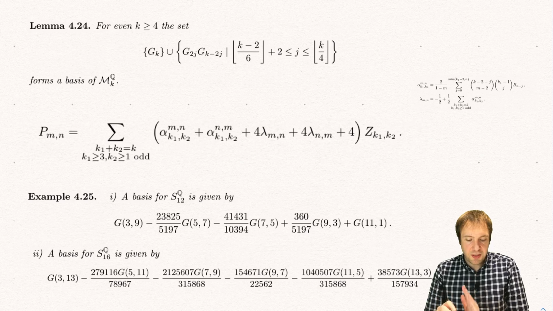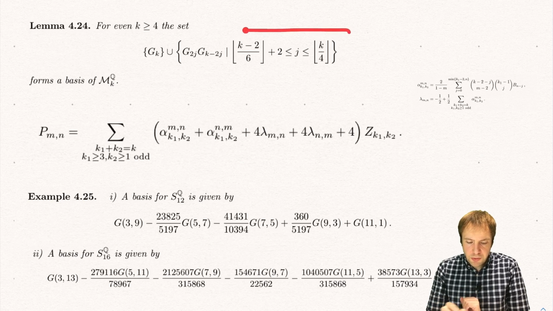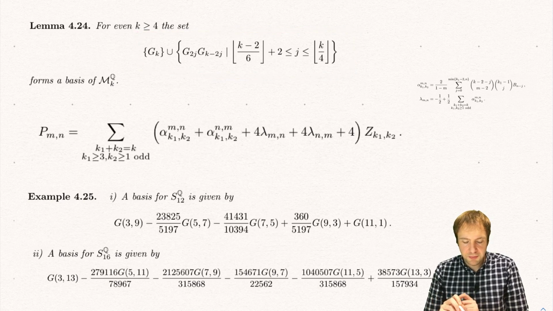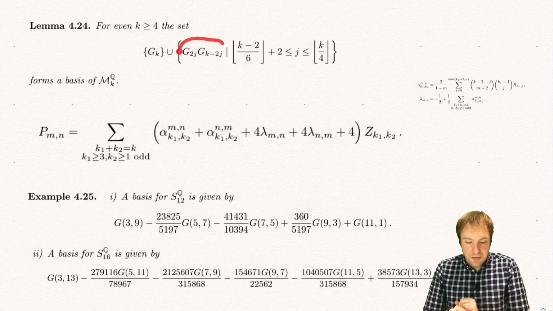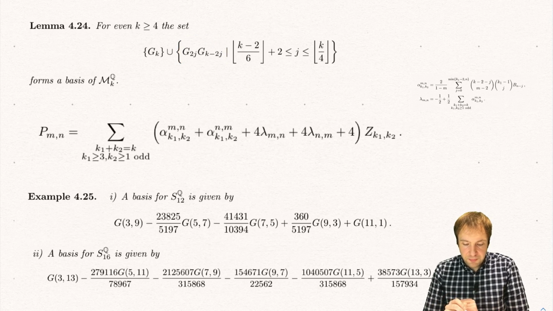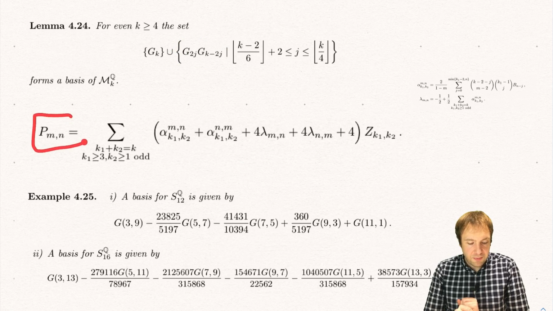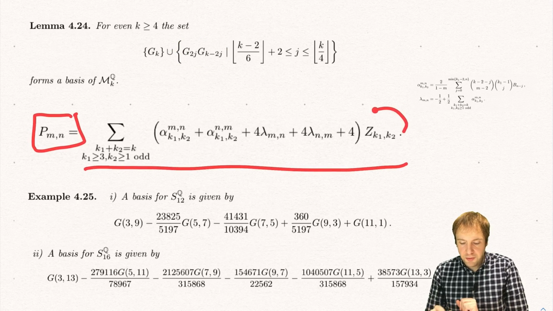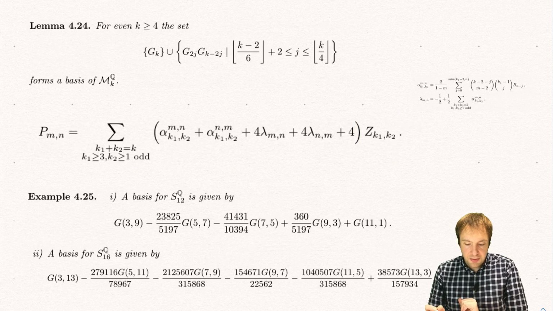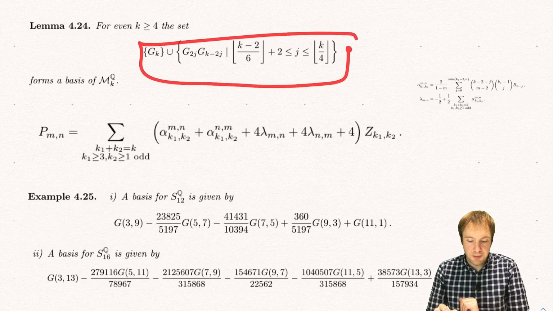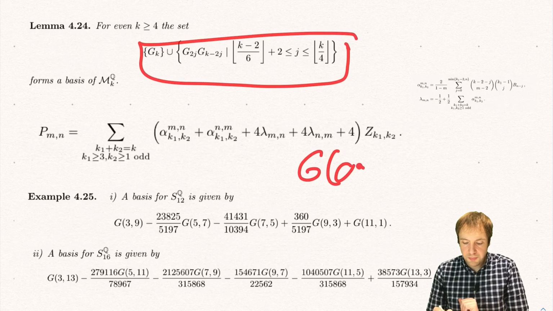But what one can do is, one knows that there's an explicit basis of modular forms in terms of products of Eisenstein series, and because in our realization, so these are now greater or equal to 4, and in our realization we know that any product can be written in terms of zeta odd, this is what we showed at the beginning, and therefore any modular form can be written in terms of G odd.